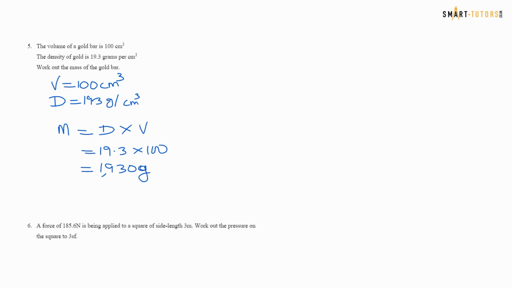Question number 6. A force F of 185.6 Newtons is being applied to a square of side length 3 meters. So a square is here, 3 meters is the side length. Work out the pressure to 3 SF.